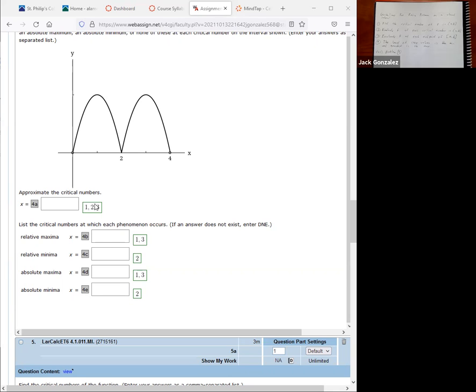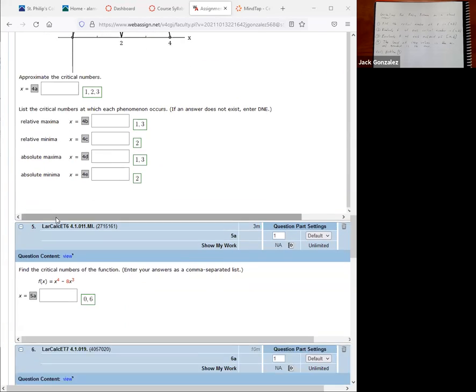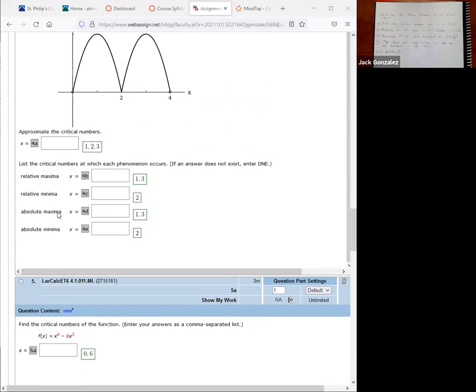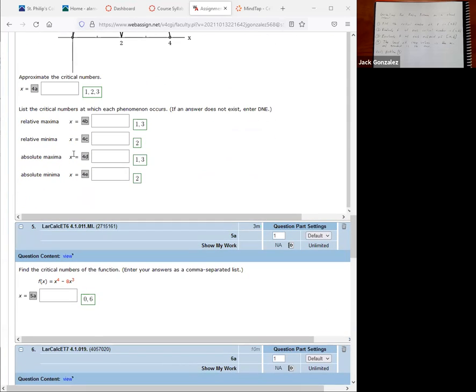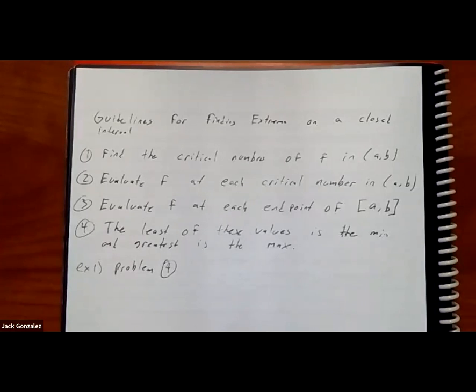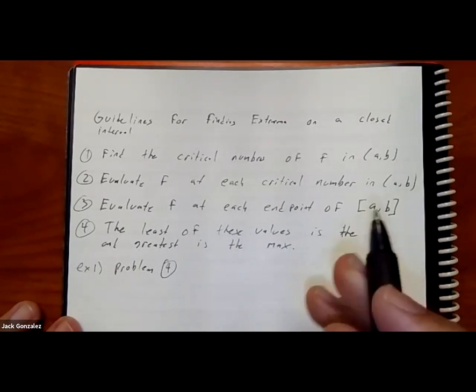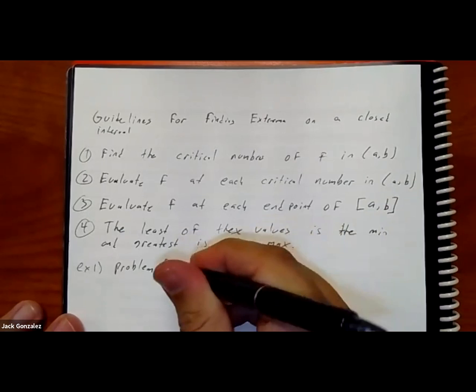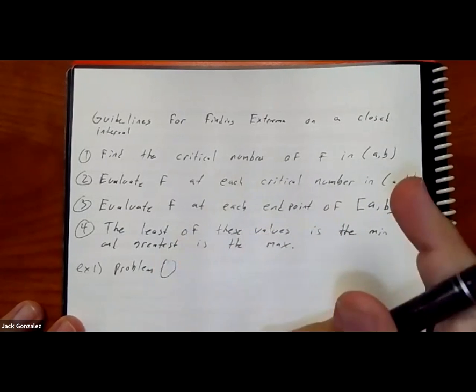So once you find the critical numbers, or if you have a graph, it should be pretty easy to find out what the critical numbers are doing, whether it's a minimum or a maximum. Okay. So let's do number 5 together. But that was 4, just kind of thinking our way through the ideas.